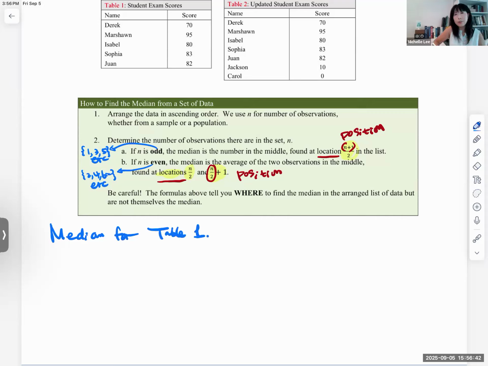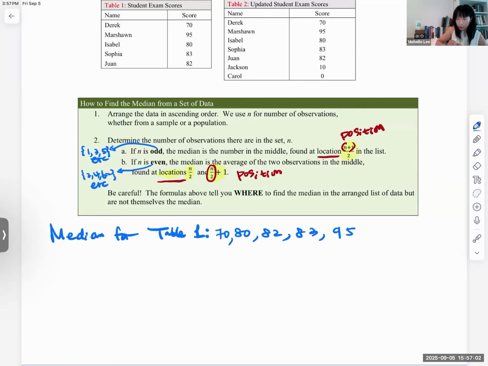All right, so we have to make ascending order first. So 70, 80, 82, 83, 95.